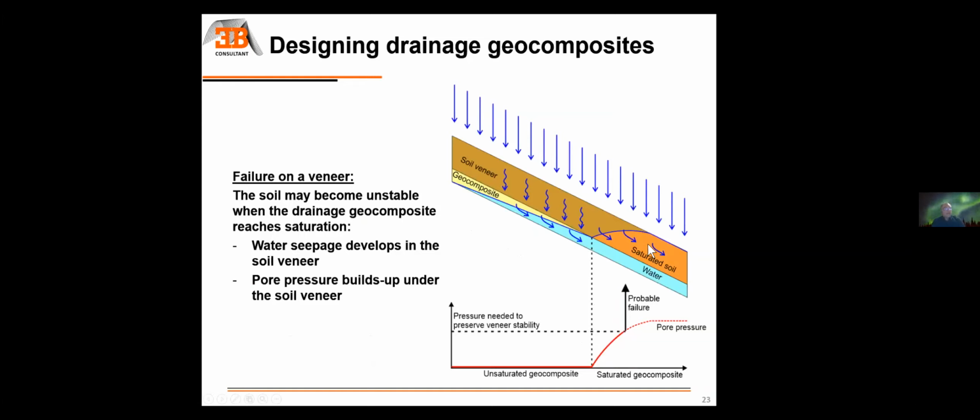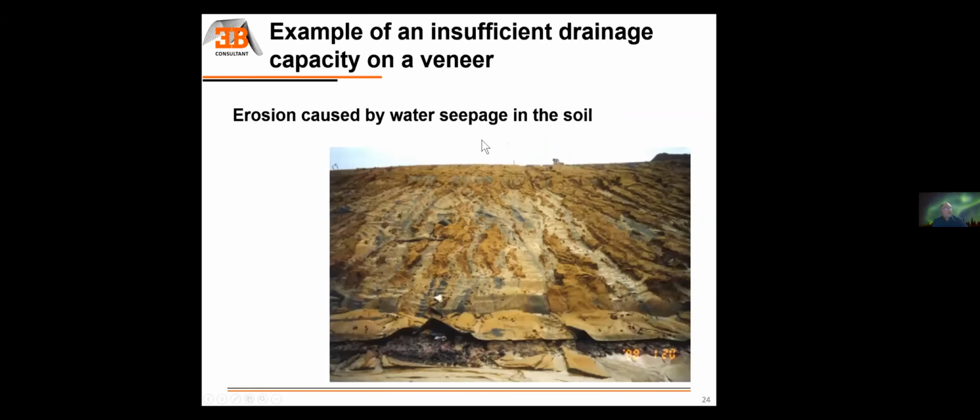And at some point, the pressure of water in the soil may be greater than the normal load and the shear resistance of this piece of soil here, and that can lead to a slippage of the soil veneer, or you can simply have erosion of the soil veneer. So that's what happens. Here you had a situation where lots of erosion took place in the soil because the drainage was not sufficient.